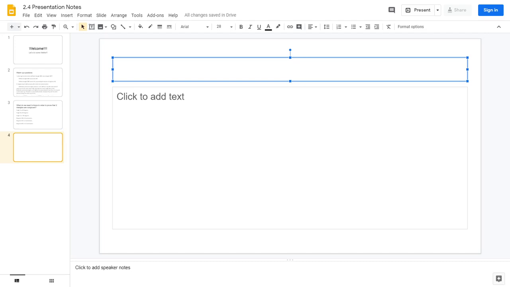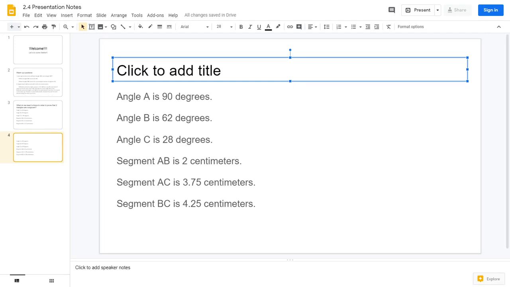Okay? So I'm going to pause, put a bunch of text up here, and this will be triangle 1. So here's your information for triangle number 1. Oh, hey, thanks, Caps Lock.